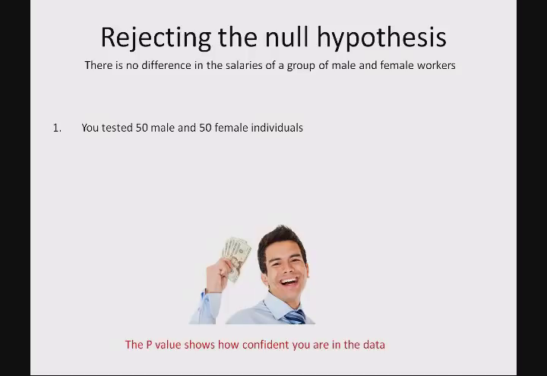That is, we basically ask them what they earn. So the averages came out as male earning 53,000 and females earning 50,000. Crucially, when we did a stats test on this, let's say we did the t-test that we're going to do in the next section, we came up with a p-value of 0.03 or 3%.